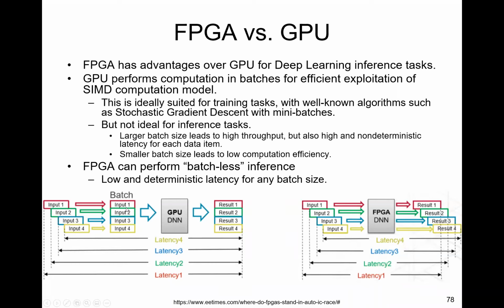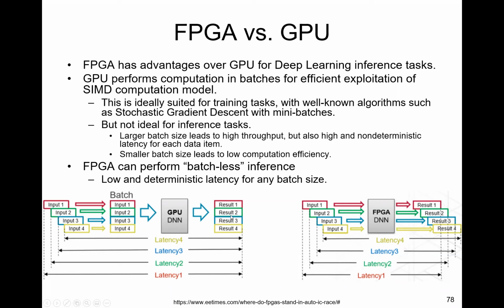So this is very good for throughput, but may not be very good for individual task latency. For example, here, input 4 has a very small latency, whereas input 1 has a pretty large latency.